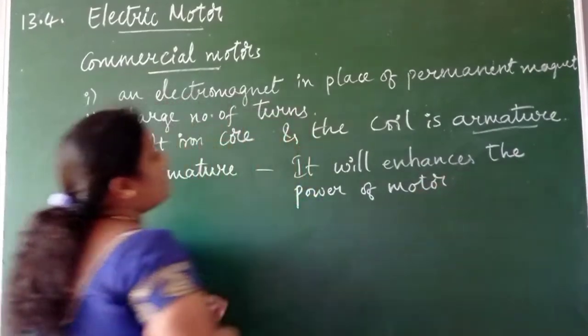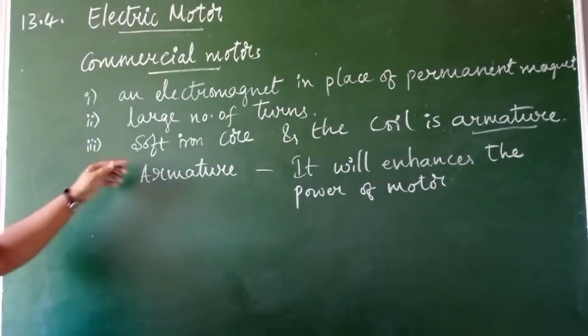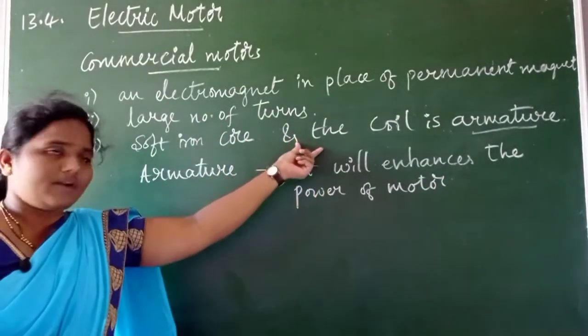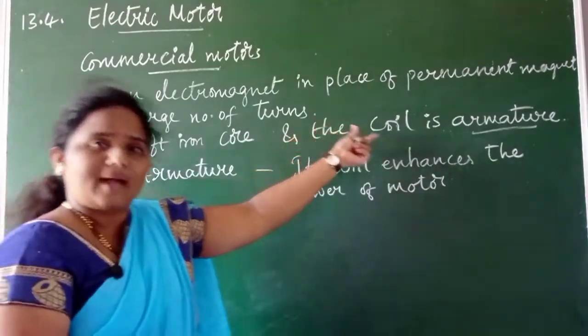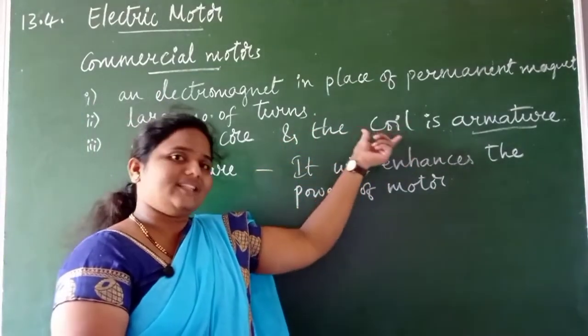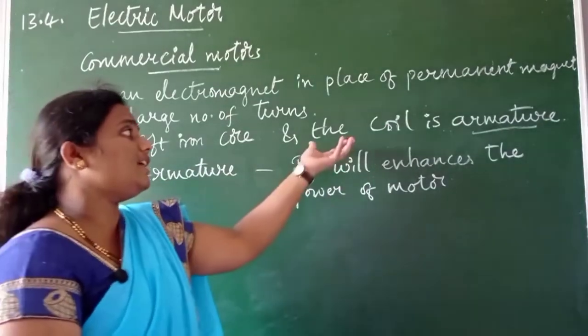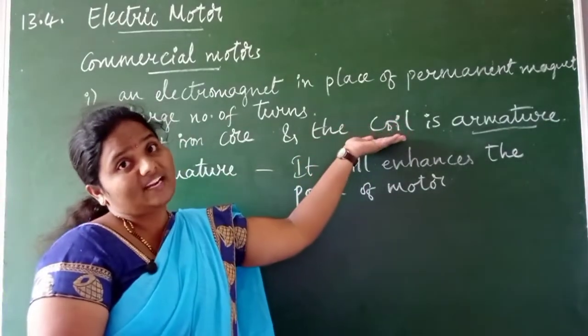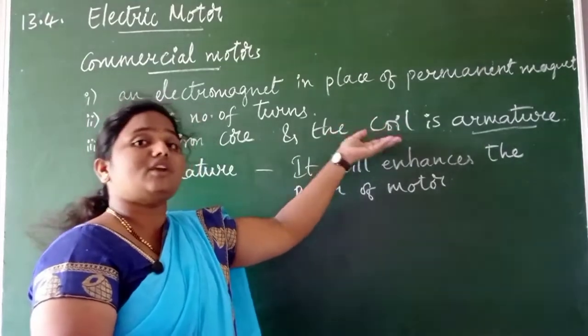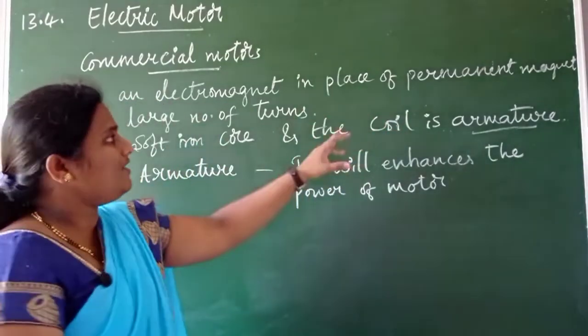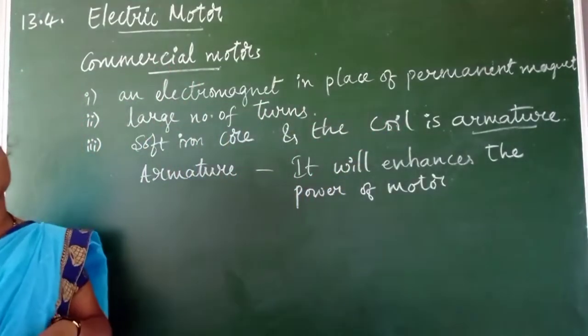So children, when we wind a coil on a soft iron core, the coil gets magnetized, and this now becomes more powerful, and due to the increase in the strength of the magnetic field, the electric motor becomes powerful, and we can call it a commercial motor.